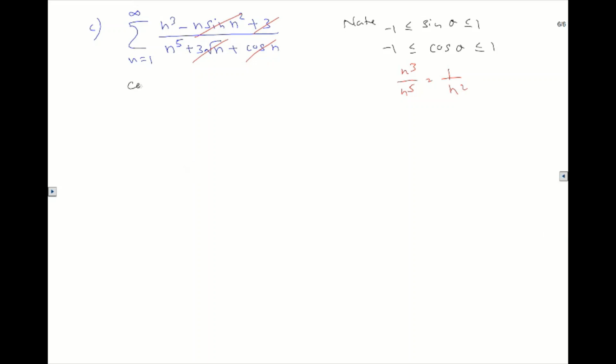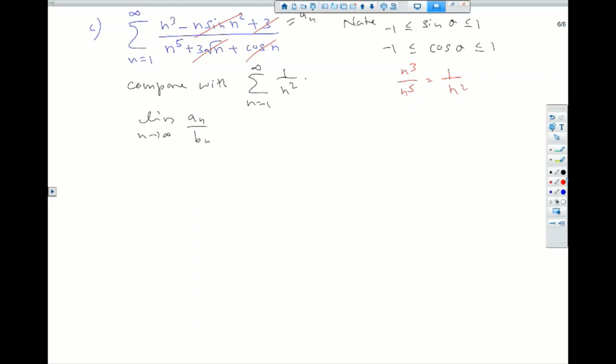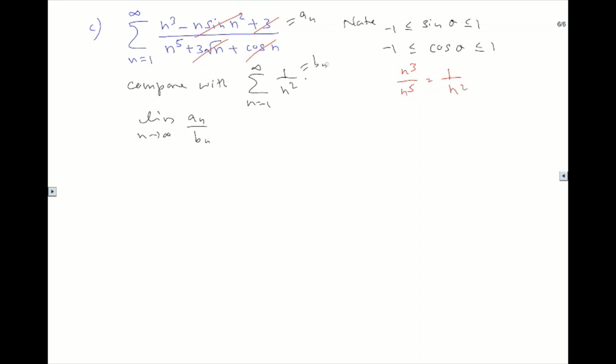So compare with the sum from n going from 1 to infinity of 1 over n squared. The limit as n goes to infinity of a_n over b_n, where this is the a_n series and this is the b_n series, equals 1 automatically, because we keep the largest terms from the numerator and denominator, which is always 1, not equal to 0.